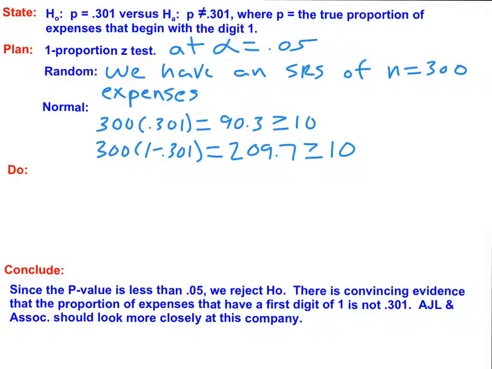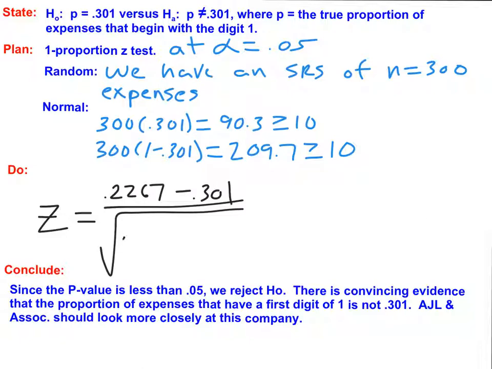Now we get down to our do step. I didn't reference it on the other slide, but it said of those 300 expenses, 68 started with a 1. So that's where I'm getting 0.2267. Remember this part, I'm just kind of pretending that I'm going to calculate this.